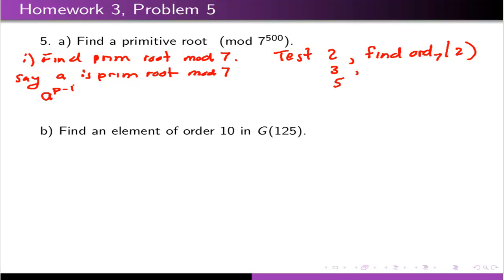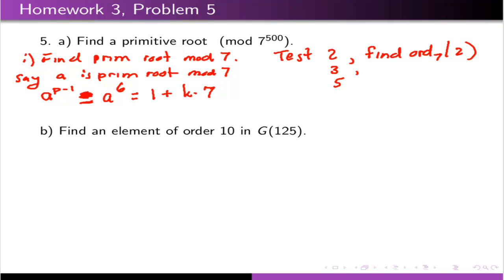So you calculate this, a to the p minus 1, which in this case is a to the 6th power. Now we just calculate this as a number. You calculate a to the 6th, and you want to say that it's equal to 1 plus k times the value 7.